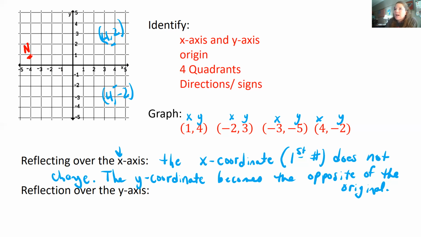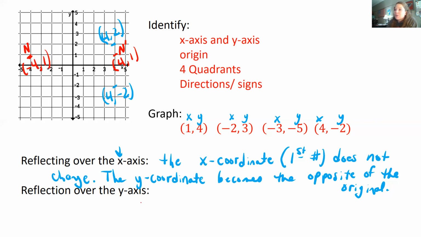Right now, we are 4 units away from the y-axis. If we reflect it, we still need to be 4 units away, but in the opposite direction. So our reflection of N, we can call it N prime, looks like a little apostrophe, becomes 4, 1. The original coordinate was -4, 1.